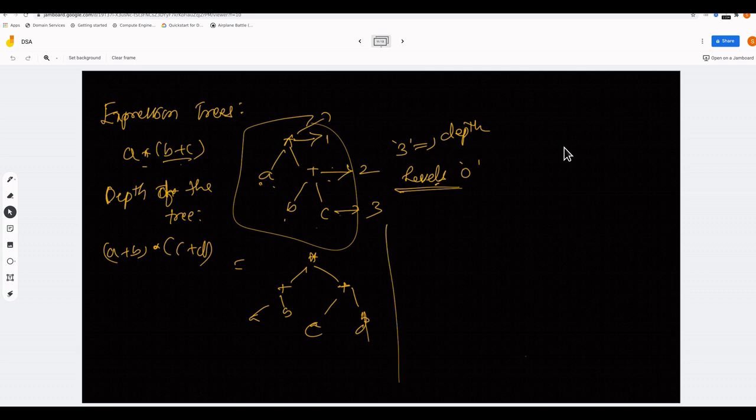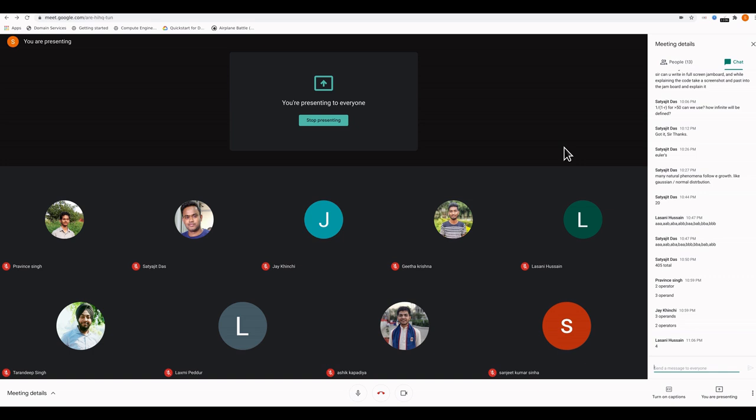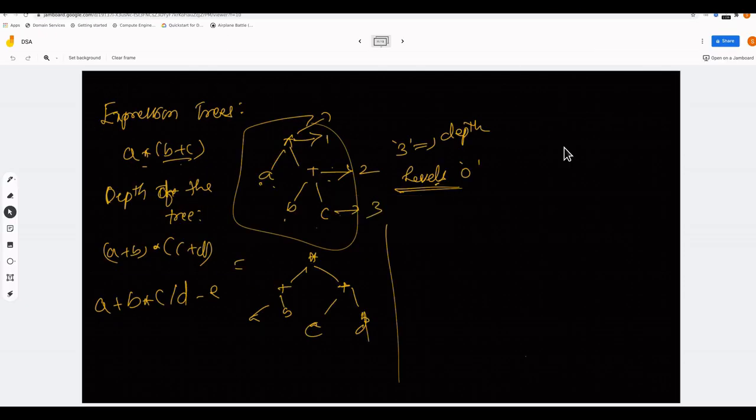Okay, now another one. Let the expression be A plus B star C by D minus E. Quickly: what is the height of the tree, as some also call the depth? What is the height of A plus B star C by D minus E?